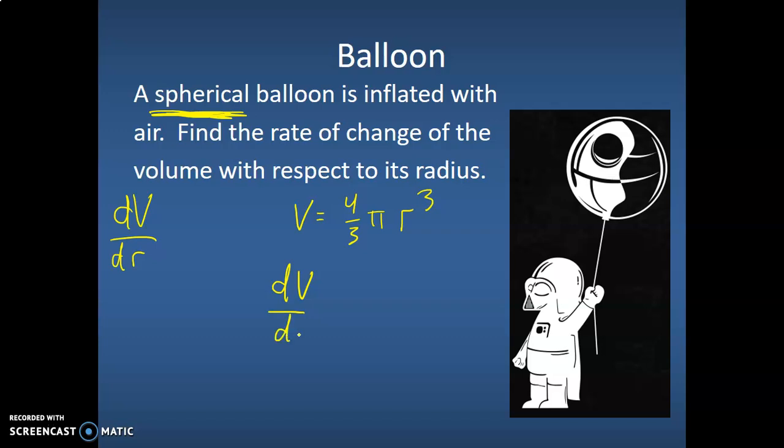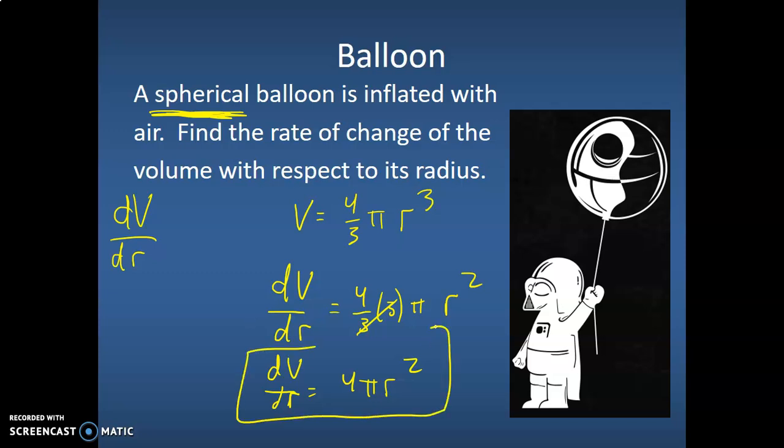So the derivative of volume with respect to the radius would be 4/3 times 3 times pi times r squared. These 3's will cancel, so dV dr would be 4 pi r squared. So the rate of change of the volume with respect to the radius is 4 pi r squared.